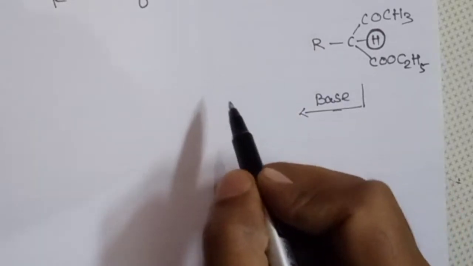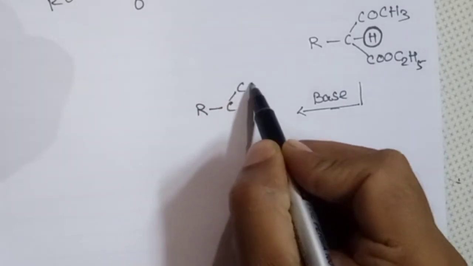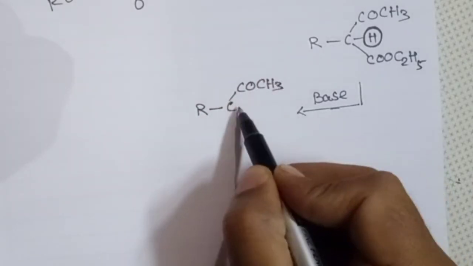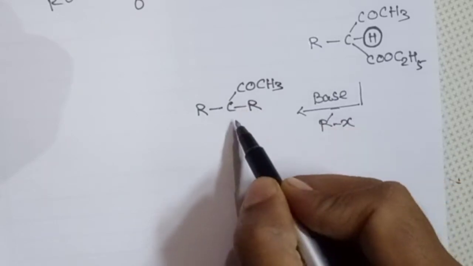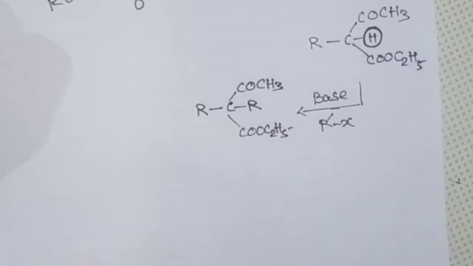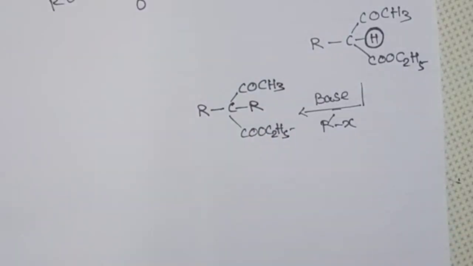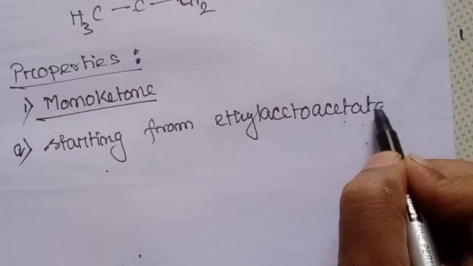That means R, C, CO, CH3, here R dash, and CO, C2H5. So this is the basic way.